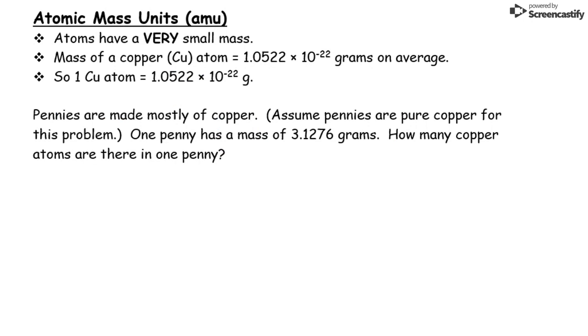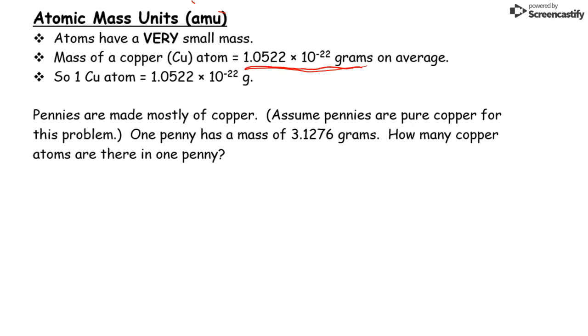And so this brings up this idea of atomic mass units. Now, atomic mass unit, or AMU, is something that we briefly discussed on Friday. And so atoms overall have this really, really small mass. For example, a mass of a copper atom is 1.0522 times 10 to the negative 22nd grams.